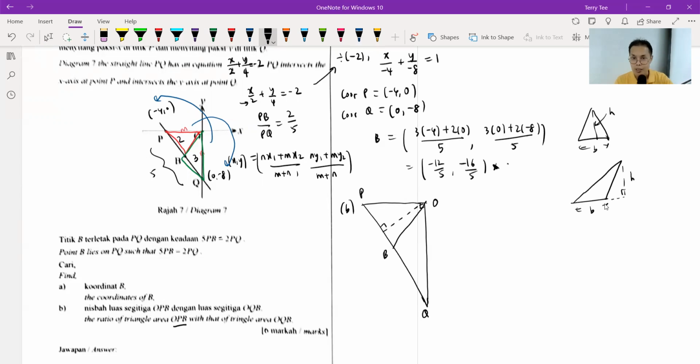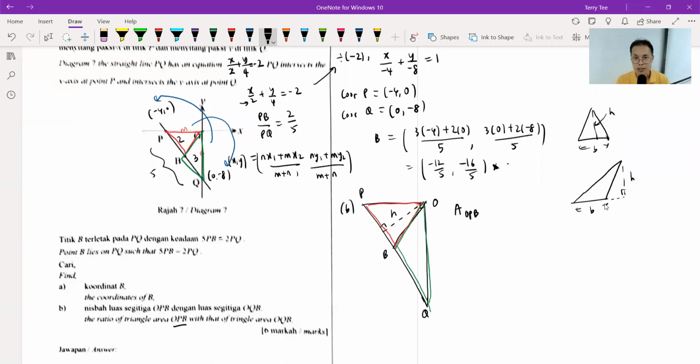So here we are finding the ratio of the area of triangle OPB, which I've highlighted earlier, the red one, and OBQ, which is the green one. Now, both of them actually share the same height.